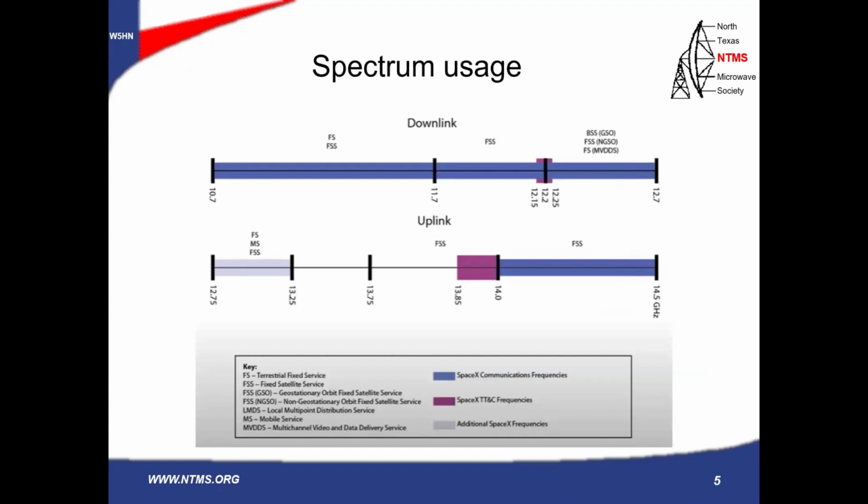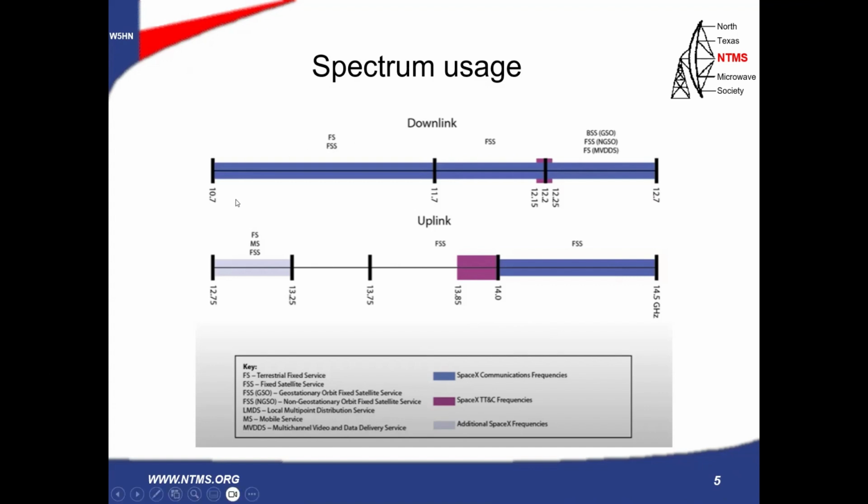So let's look at the spectrum usage. There's a supporting document to this that basically is the FCC grant to Elon Musk and the Starlink frequency usage. And most important is the top bar, which is the downlink.